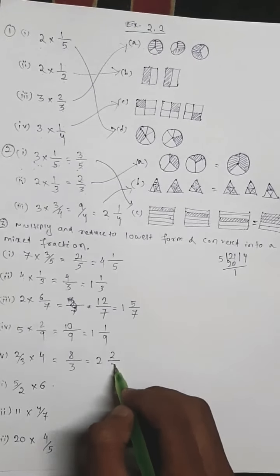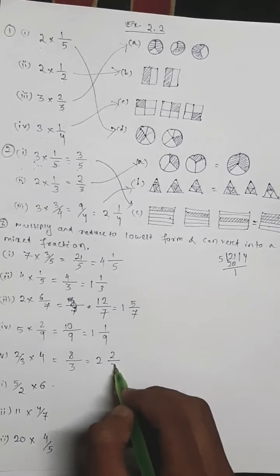Then the next one, here 6 is divisible by 2, so we can simply divide it. 2 3s are 6, then 5 3s are 15 is your answer. Then the next one, 11 into 4 upon 7, 11 4s are 44 upon 7.